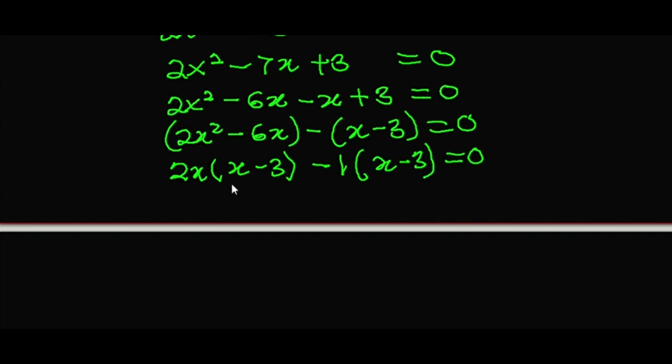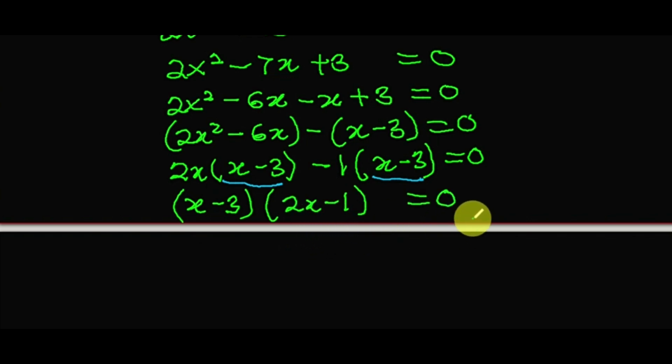You see that x minus 3 is common. So we factorize x minus 3 out, and we are left with 2x minus 1 equals 0.